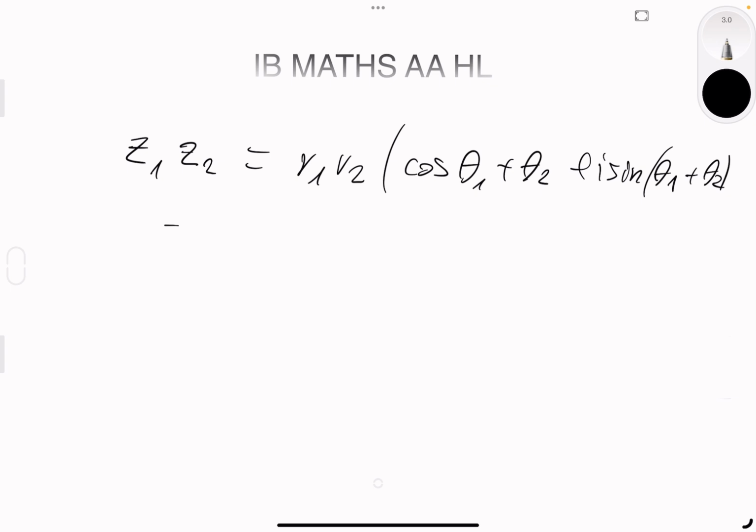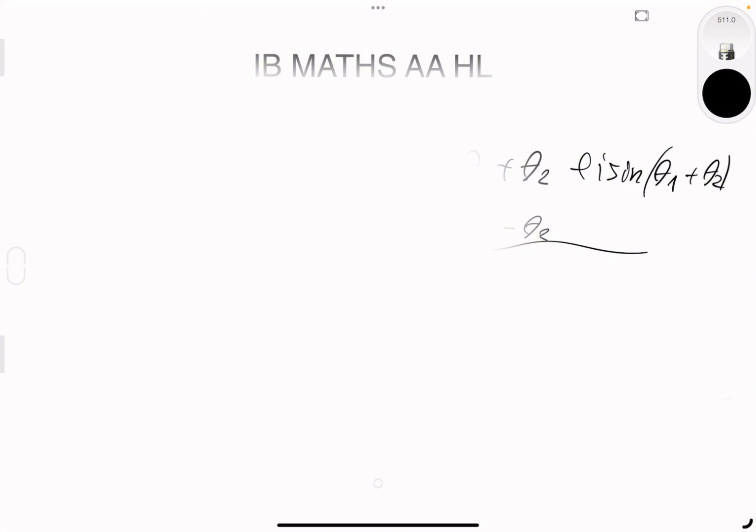If it's a quotient, it's going to be the same thing, except it's going to be theta 1 minus theta 2. So these are important things to know, and this might be helpful in a few questions that you're faced with on complex numbers.